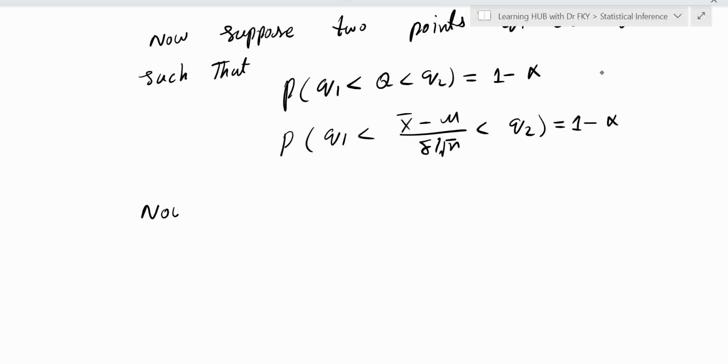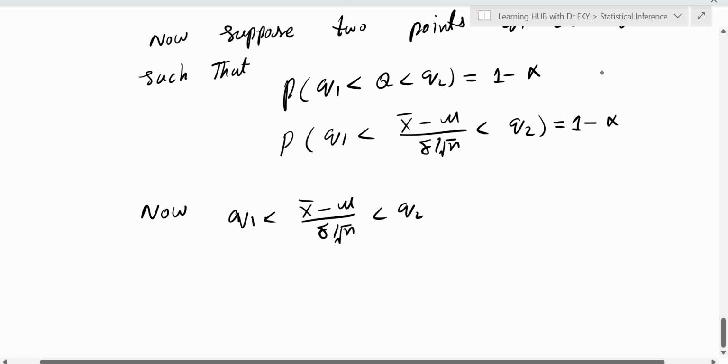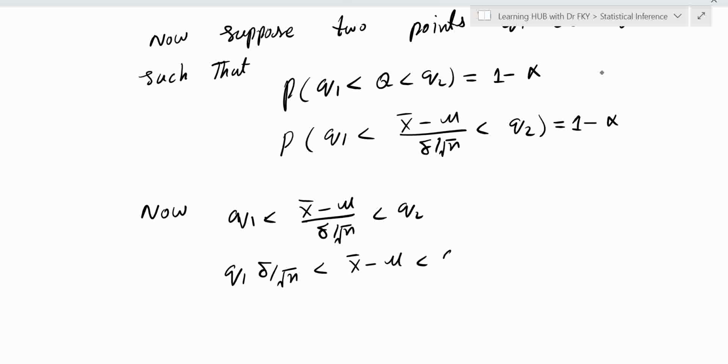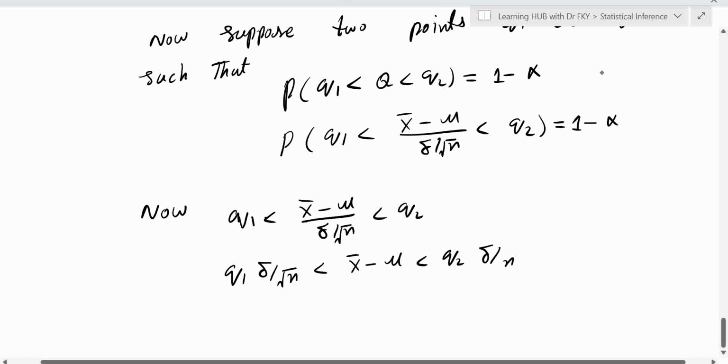Now Q1 is less than X bar minus mu over sigma over square root of n, which is less than Q2. We need to find the limits for mu, because mu is unknown, so we need to focus on mu. We do some manipulation: multiply through by sigma over square root of n, so Q1 sigma over square root of n is less than X bar minus mu, less than Q2 sigma over square root of n.